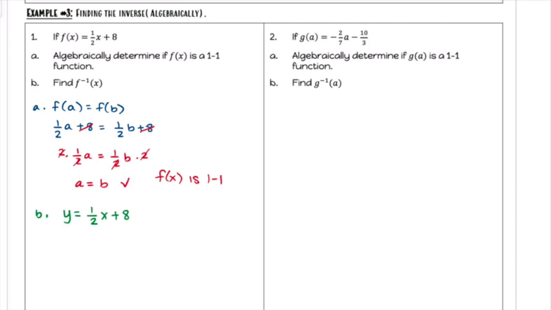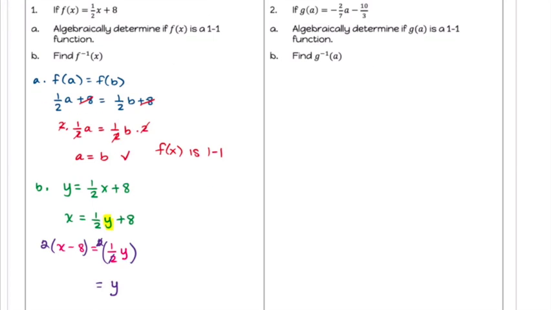Then I'm going to swap the x and the y, and our goal is to solve for our new y. So I'm going to move that 8 over. To get y by itself here, I would multiply each side by 2.